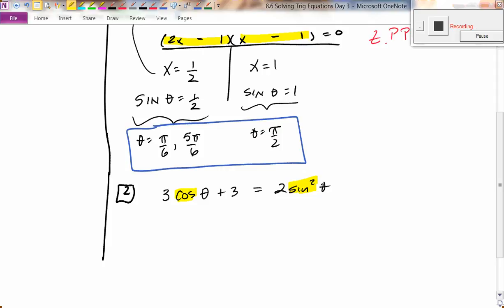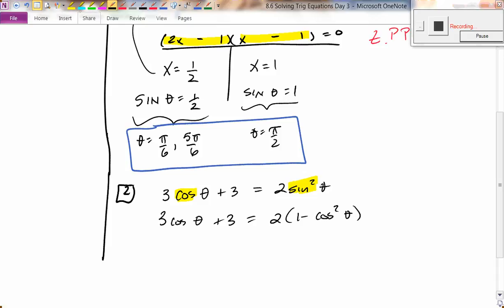Is there a way that we could change one of them to look like the other? Anybody see it? Change sine squared to what? 1 minus cosine squared. Very nice. So we'll say 3 cosine theta plus 3 is equal to 2 times 1 minus cosine squared theta.